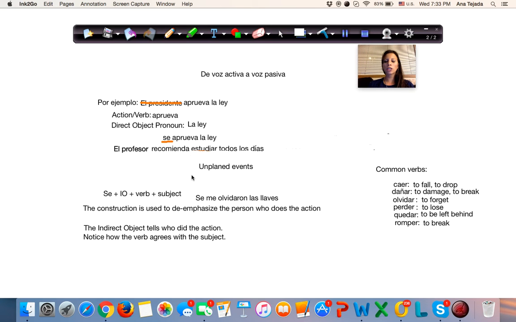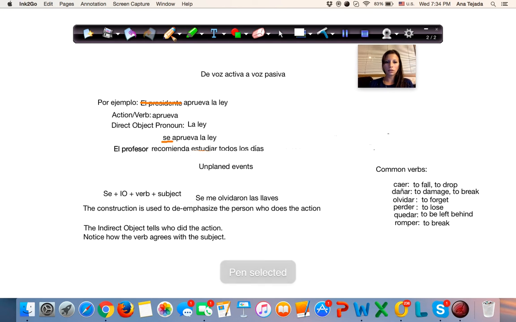And what's our direct object? What's being recommended? Estudiar todos los días. Estudiar is one action. Therefore, our recommendation or verb recomienda is going to be singular. But how do we make this into a construction with se, a voz pasiva sentence?